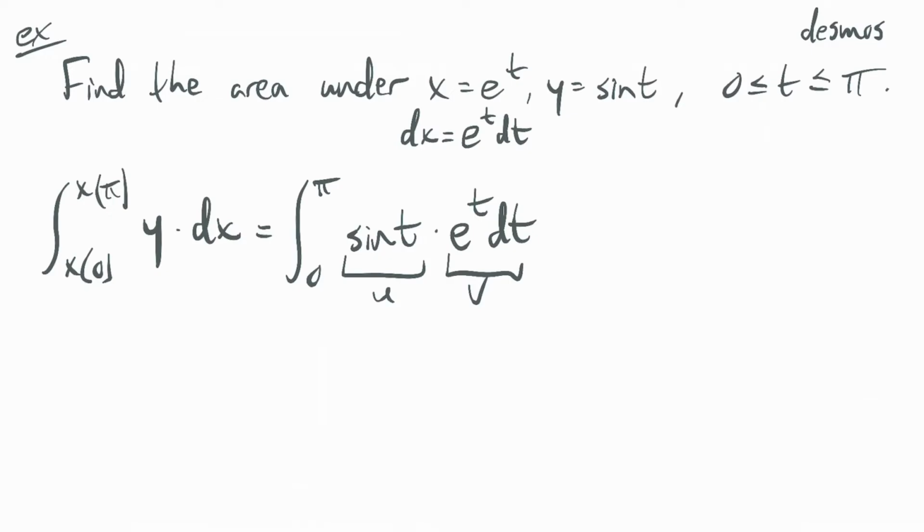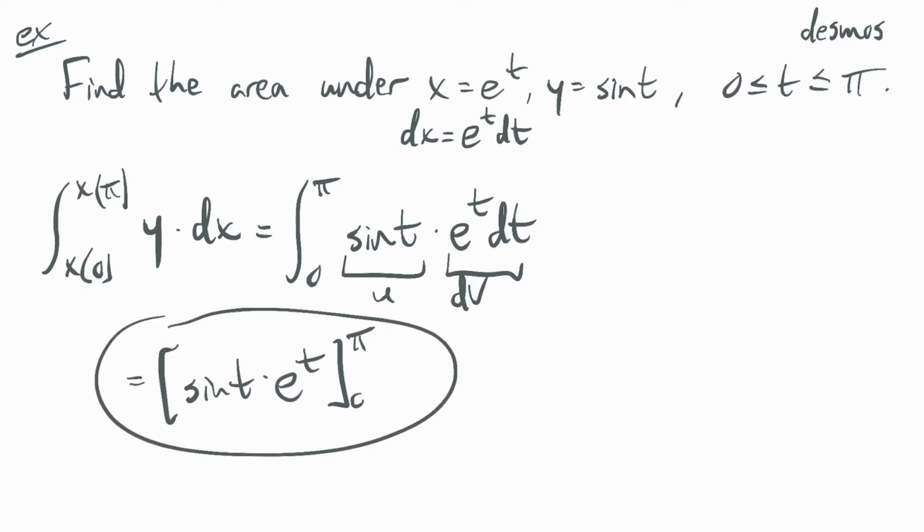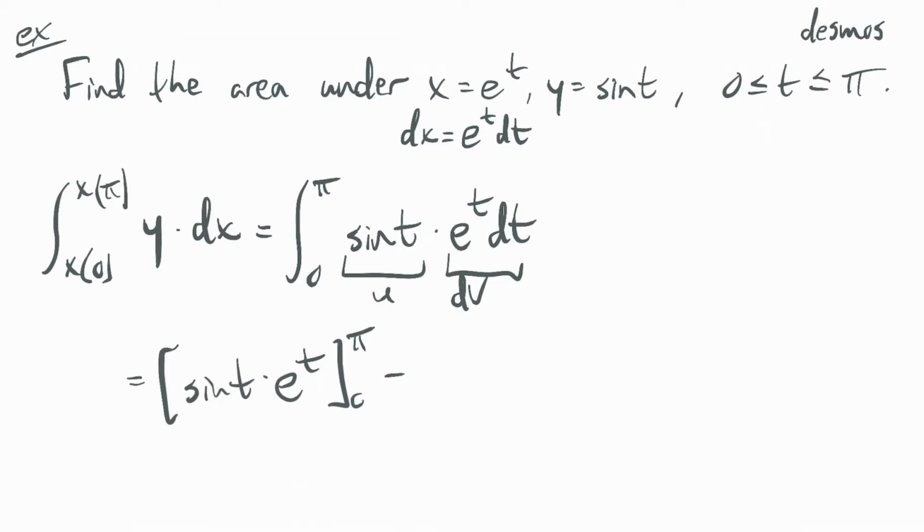So this will be sine t times e to the t, because the antiderivative of e to the t, dv, is e to the t, evaluated at 0 and pi. And you might notice right away what's going to happen here, but we'll see that in a second. Minus the integral from 0 to pi of v, which is e to the t, times du. So cosine t dt, all right?